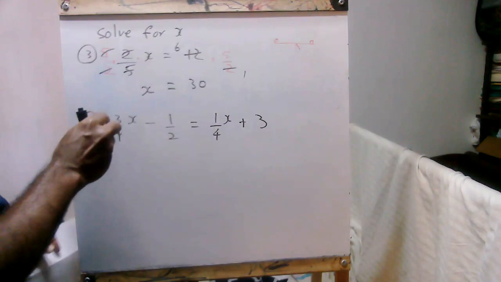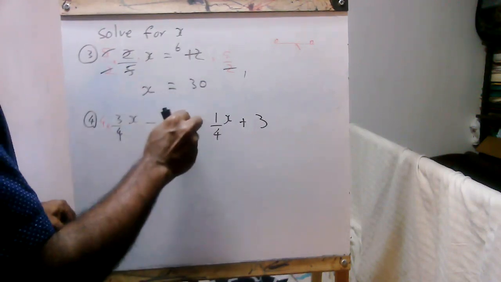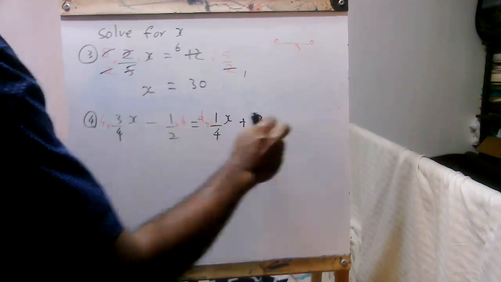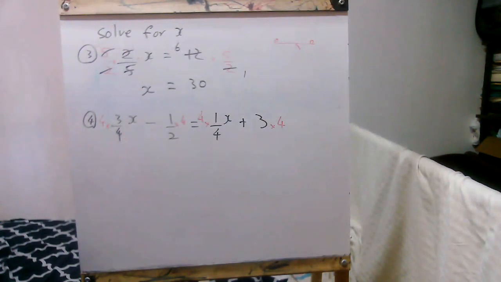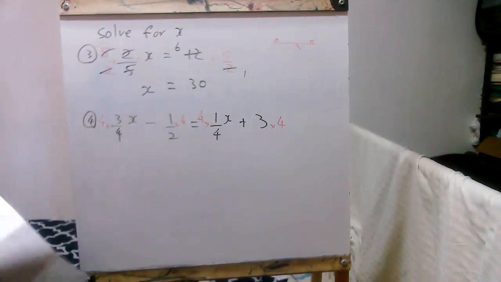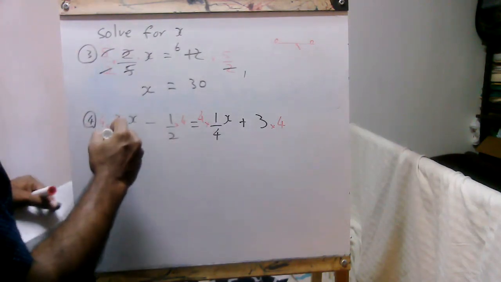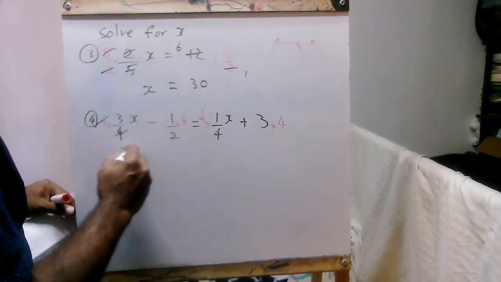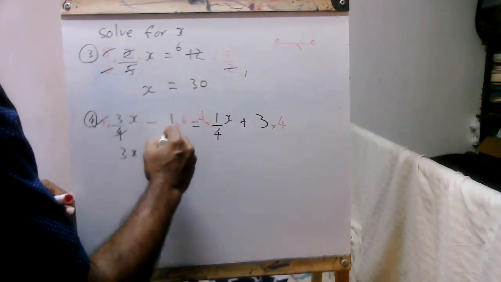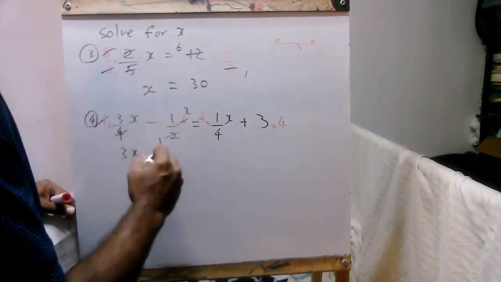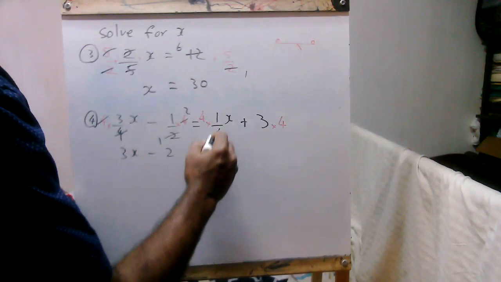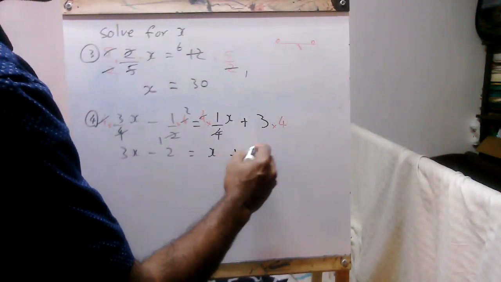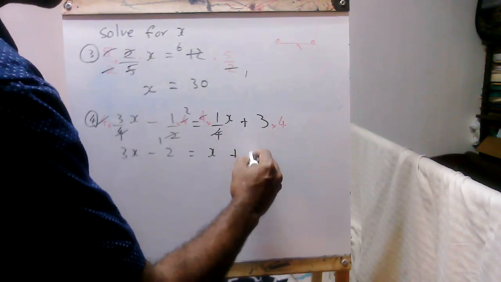The entire equation, the left side and right side, we have to multiply with the same number. Then this cancels out, we get 3x. 2 goes into 4 2 times, minus 2, equal to 4 cancels out, we get x plus 12.